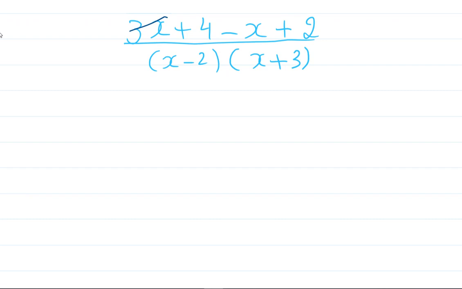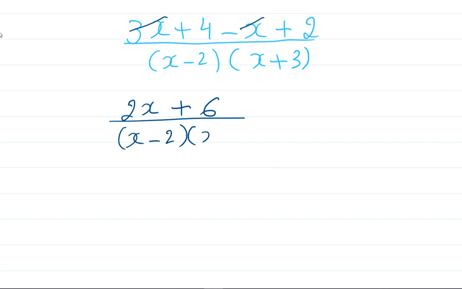I have 3x plus minus x, so I have 2x, and 4 plus 2 will be plus 6, divided by x minus 2 times x plus 3. Excellent. I have to keep my fraction this way. Is this the final answer?